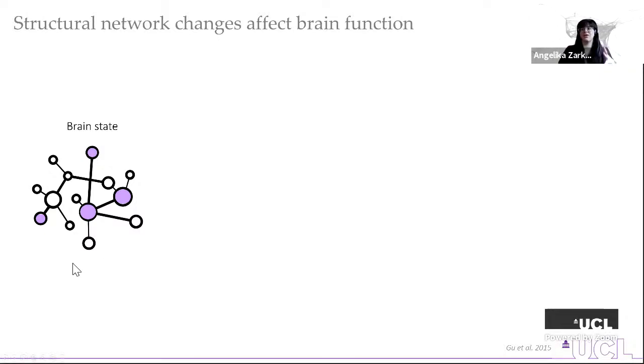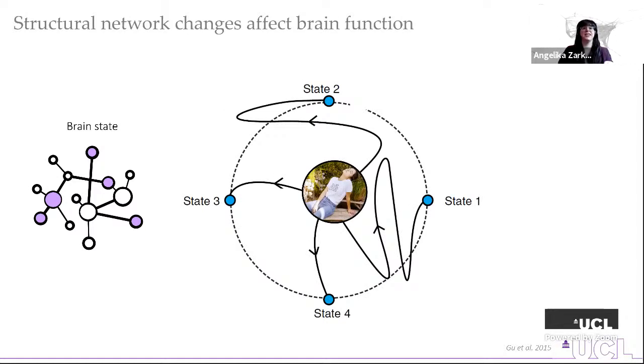It's a specific brain state. This is a different brain state because different brain regions are active and different brain regions are inactive. And we can actually mathematically calculate all the possible brain states that the network can take.